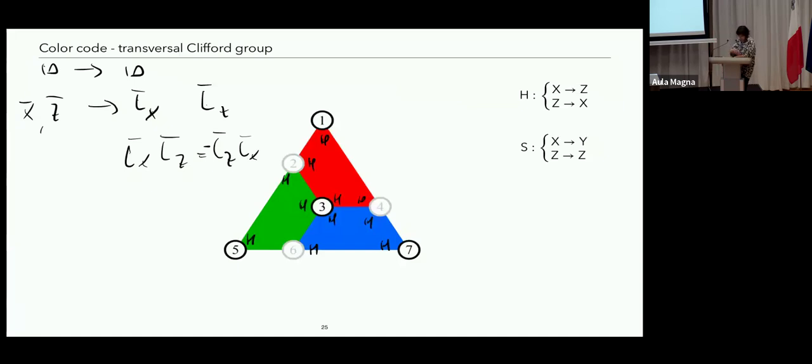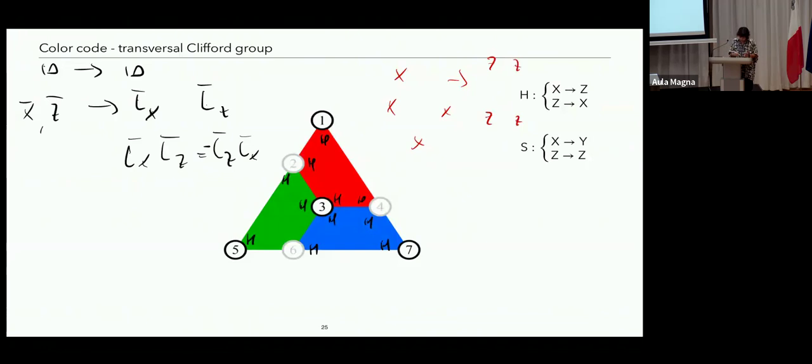So if I apply Hadamard transversally on all the qubits at once, what happens to the red X stabilizer? Yeah, it goes into ZZZ. Is this a valid operation? It's a valid operation because ZZZ on the red face was a stabilizer as well. And you can check that this is true for all the generating set of stabilizers.